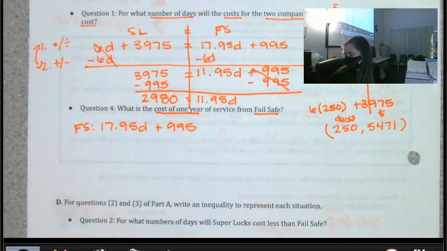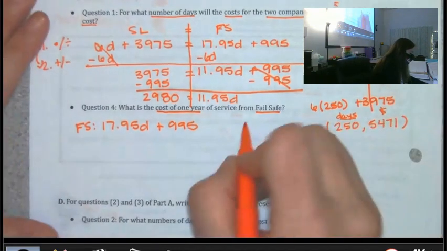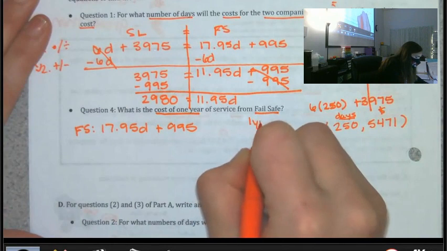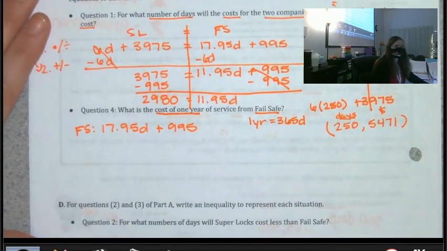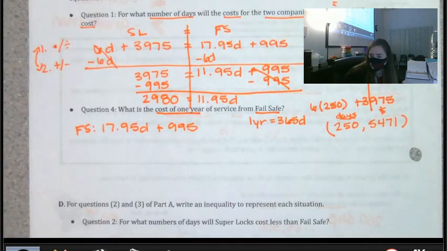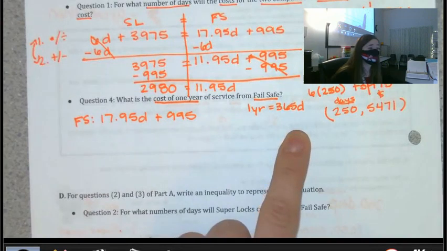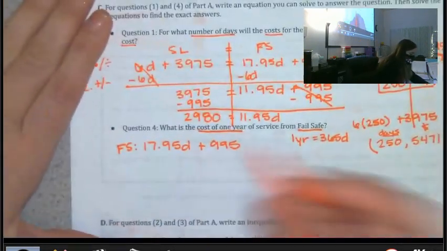What did we guys find? 365, right? So if 1 year equals 365 days, what do I need to do with that 365 to find out exactly how much fail-safe is going to be for 1 year? Plug it in, right? So I'm going to take 365 and I'm going to plug it in for D.